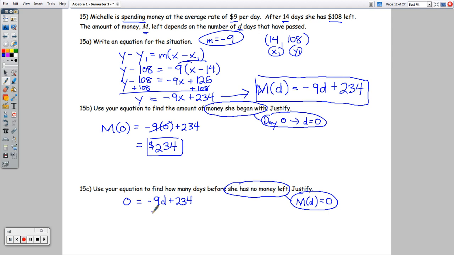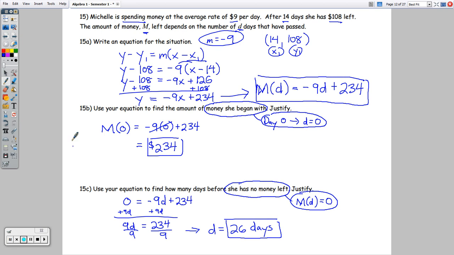Solving that for D, we'd add 9D to both sides. So 9D equals 234. Divide everything by 9, and that gives you your answer. D equals 26 days. So after 26 days, the money is gone.